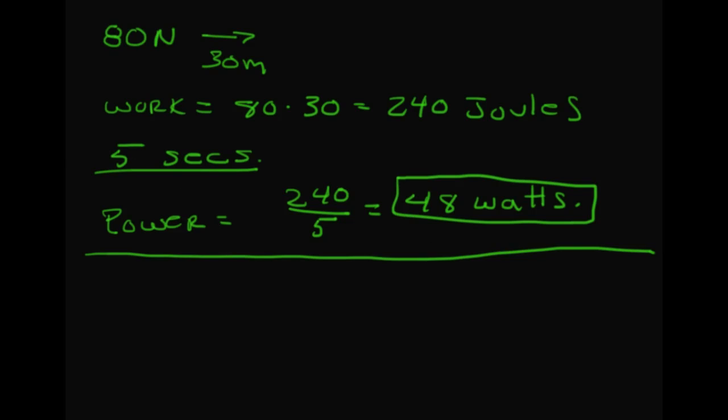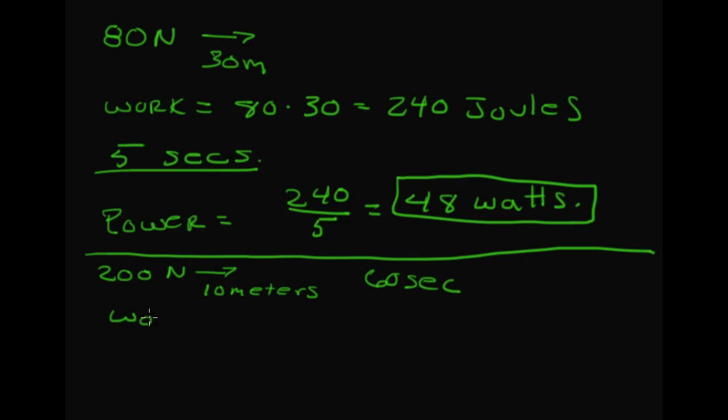Okay, so let's try a second example. Let's say a second person exerted 200 newtons of force against an object. They moved it only 10 meters, and they did this in a minute, in 60 seconds, right?